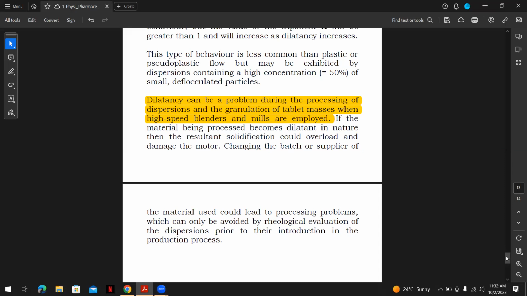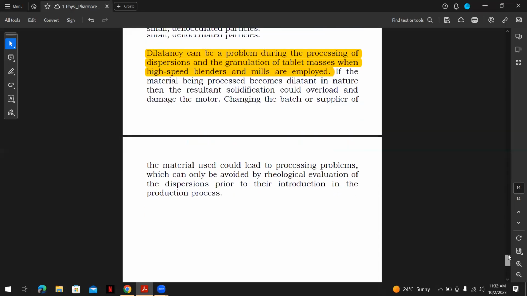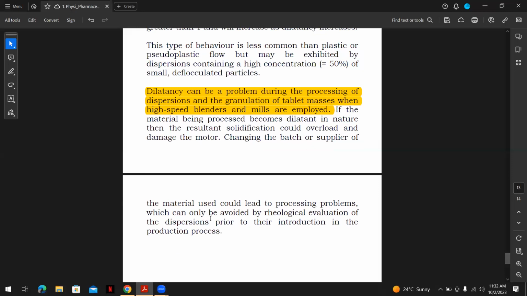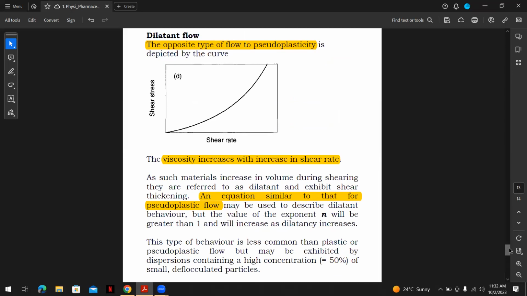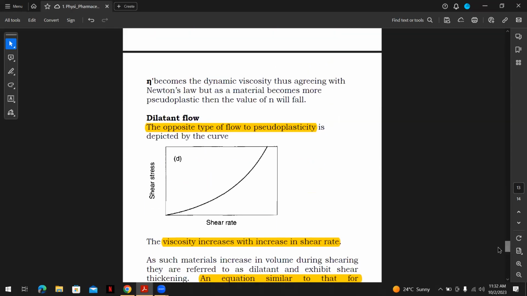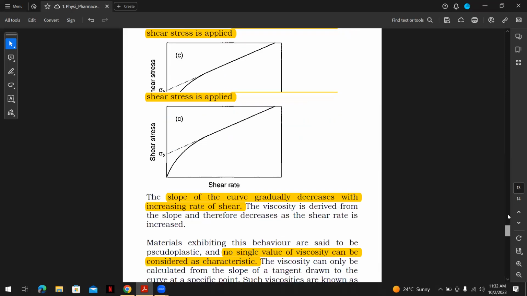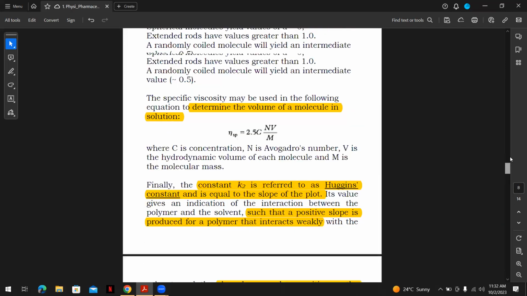So besides understanding Newtonian and non-Newtonian fluids, I think it's important for us to know that once you get that job, do your rheological evaluation first. We saw in the video, they said most of these people don't do the rheological evaluation. It's trial and error. So this is a basic introduction.